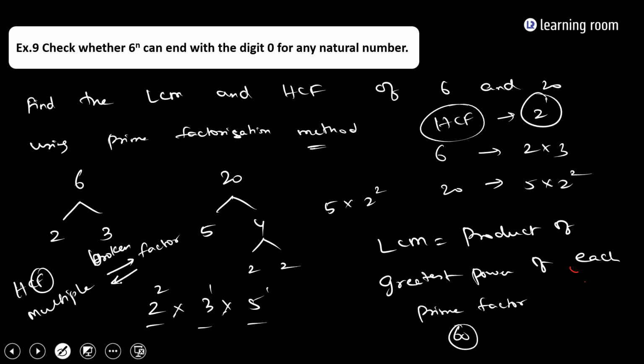But when factors are multiplied, you will get a bigger number, which is a multiple. That is why we call it least common multiple, not least common factor. Similarly, we call it highest common factor, not highest common multiple. Multiple is a big number, factor is a small number. That's right.